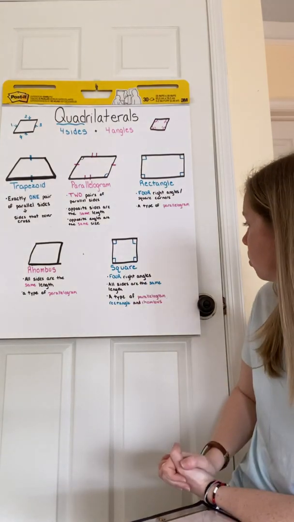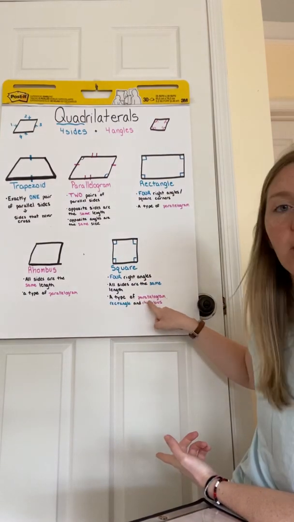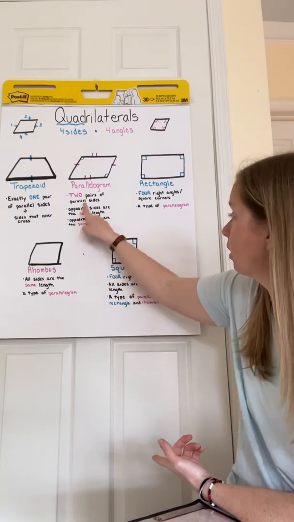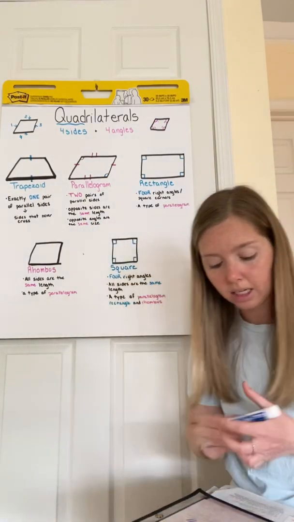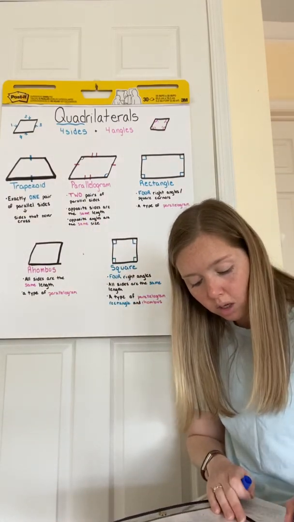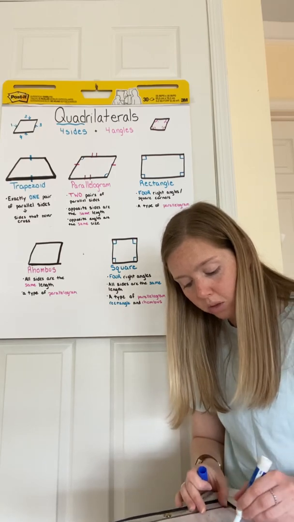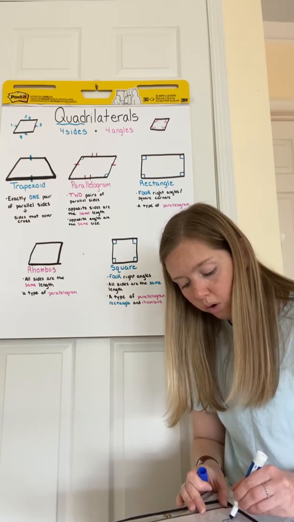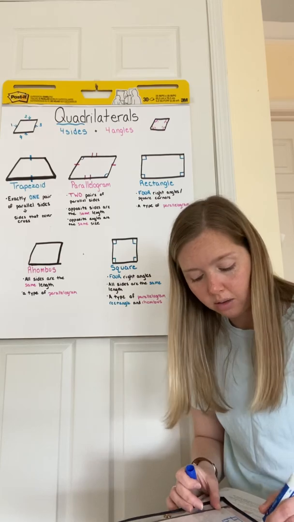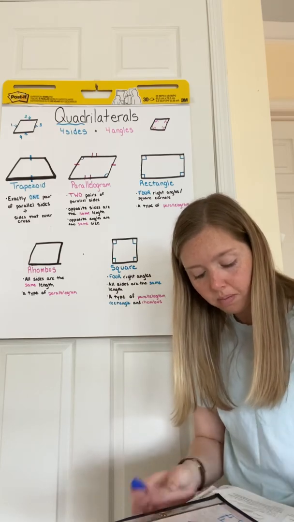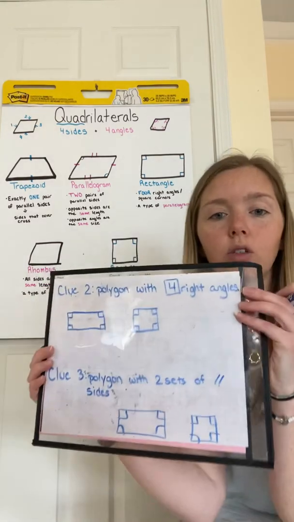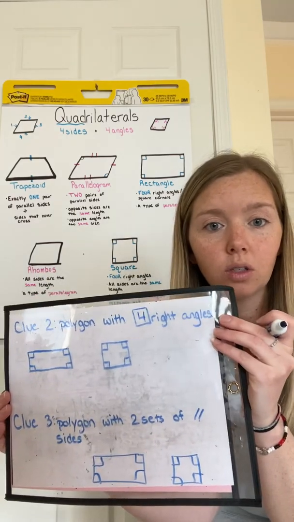And what about the square? It's a type of parallelogram, and parallelograms have 2 sets of parallel sides. So these clues are talking about the square or the rectangle, okay? And those are shapes that fit all of those clues.